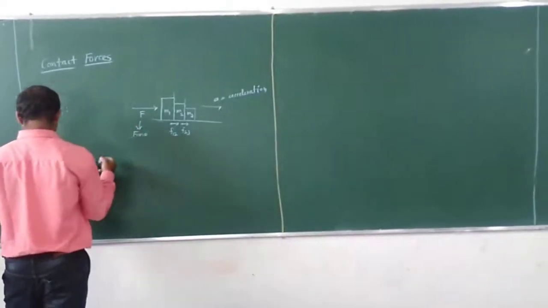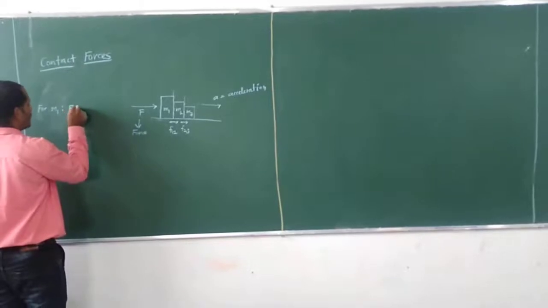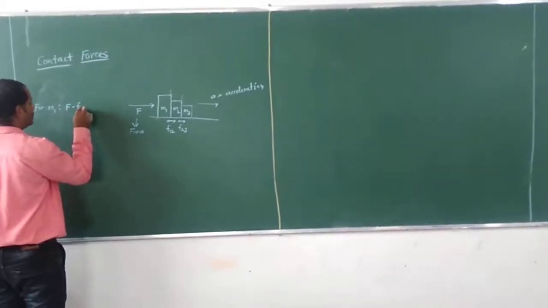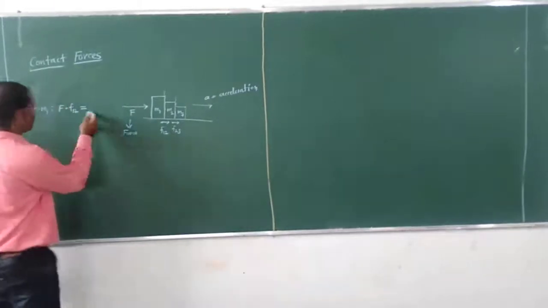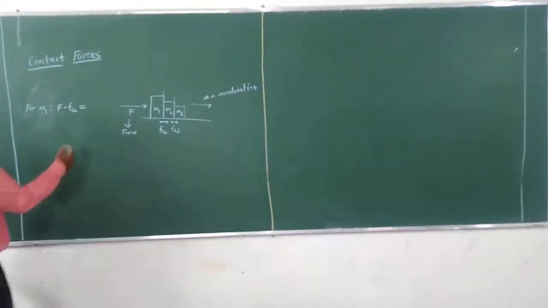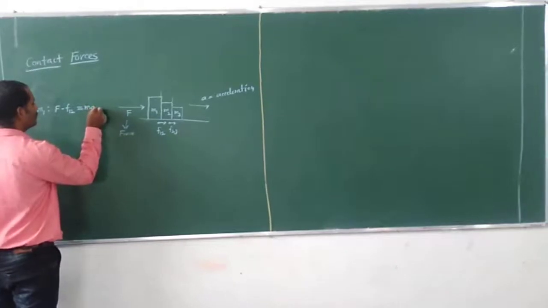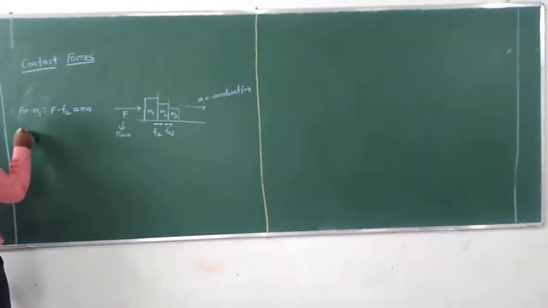F12 minus F12, right? This is equal to F is equal to ma, हा फॉर्म्युला आपल्याला माहिती आहे. This is equal to m into a, right?